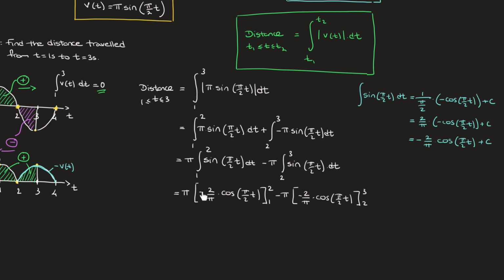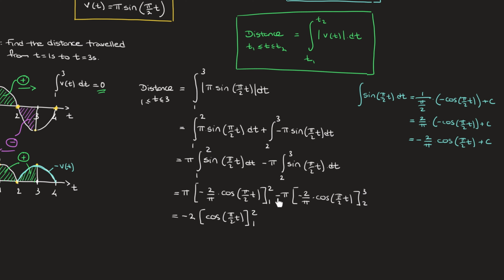Next, taking this factor of negative 2 over pi outside of these two pairs of square brackets, this becomes pi times negative 2 over pi, which is negative 2, times cosine of pi over 2t in square brackets with lower limit 1, upper limit 2.